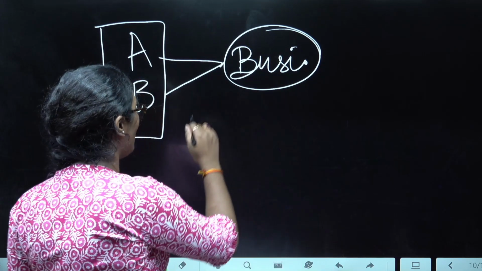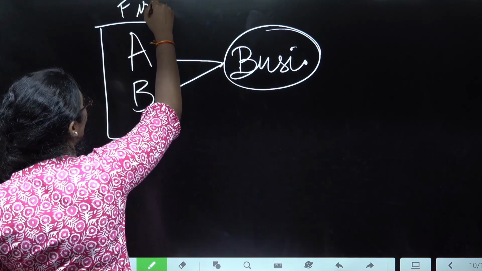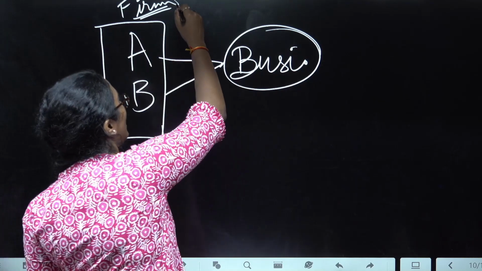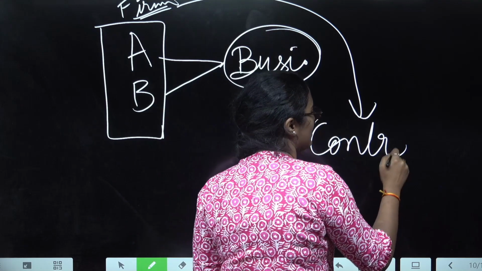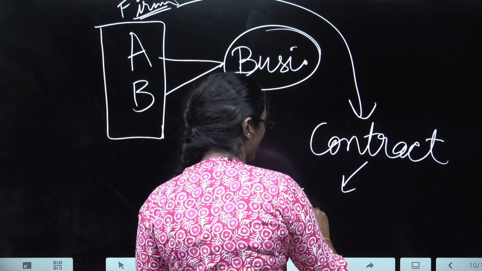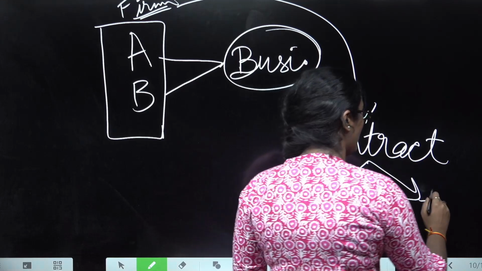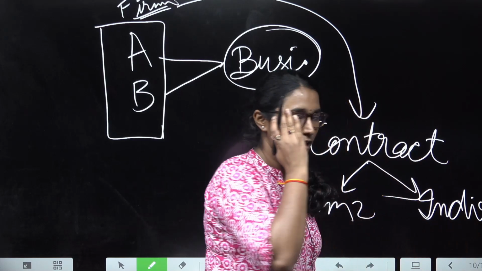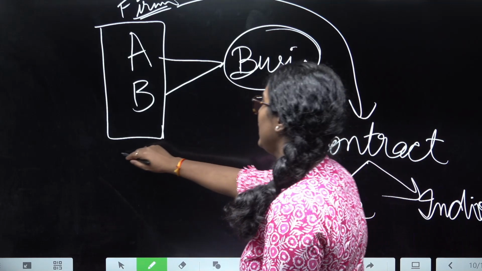But from this point onwards, when their firm, now this is a firm of A and B, when this firm will enter into a contract, let's say with another firm or individual, then the provisions of Indian Contract Act will continue to apply on the firm of A and B.